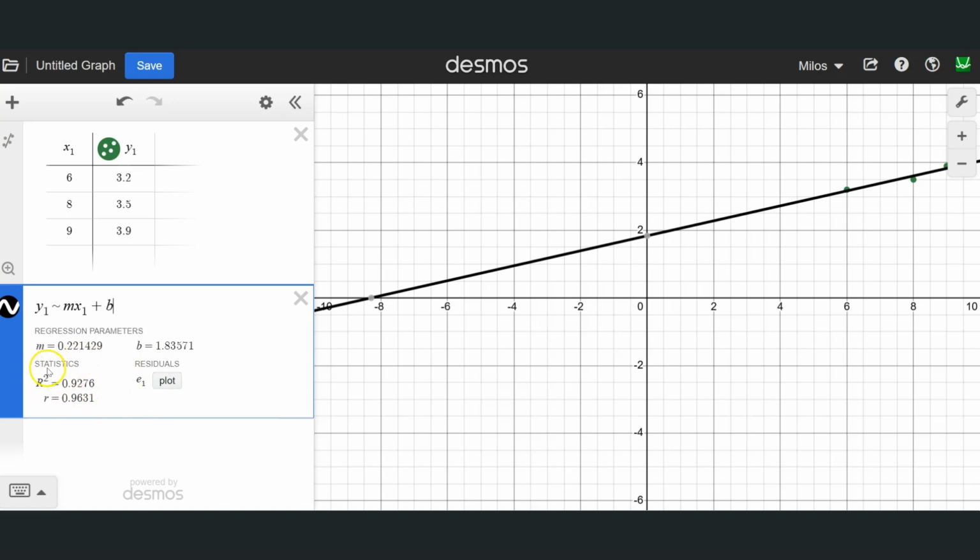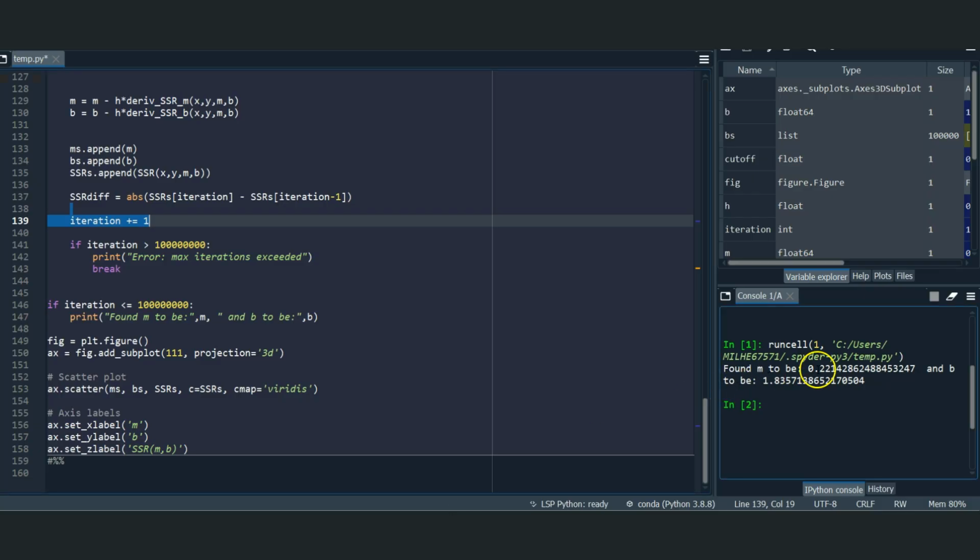Notice that we get a slope of 0.221 and 1.836. So how does that differ from what we came up with here? Well, we got 0.221 and 1.836. So pretty good, actually very good. We came up with just the same values as we would in the regression.